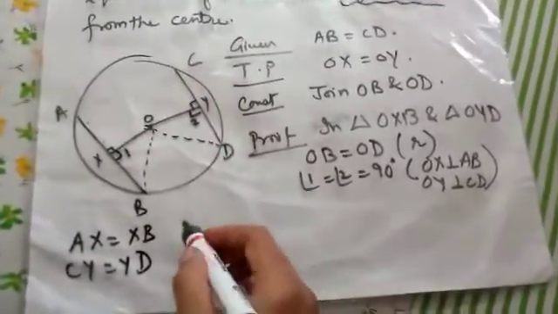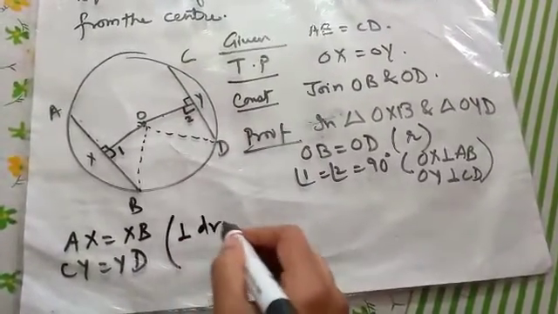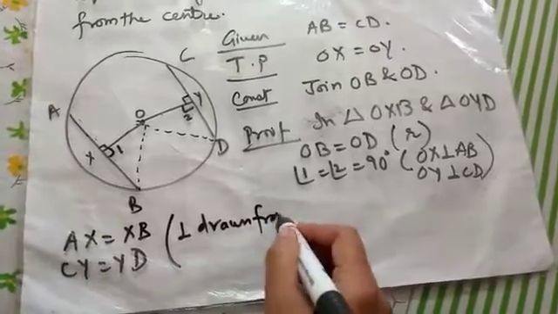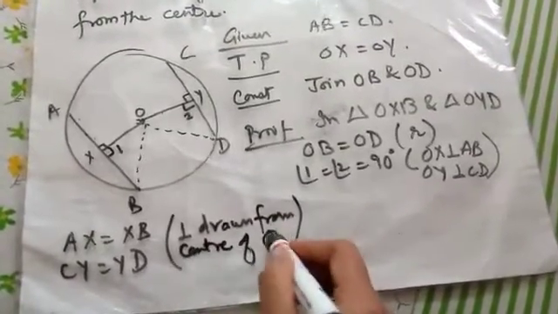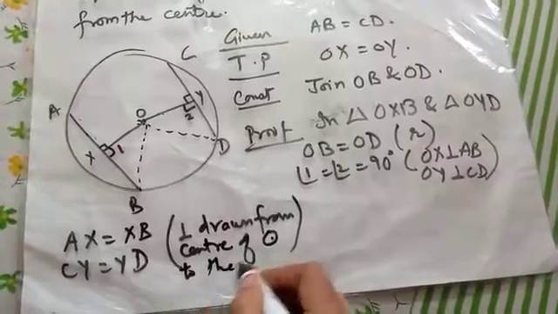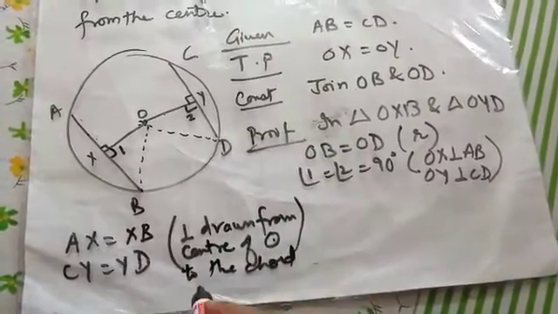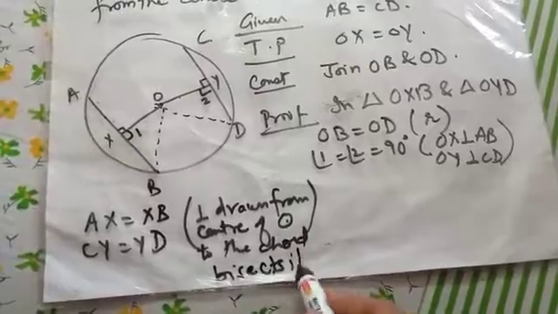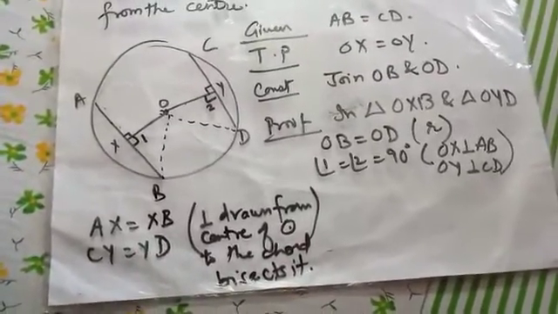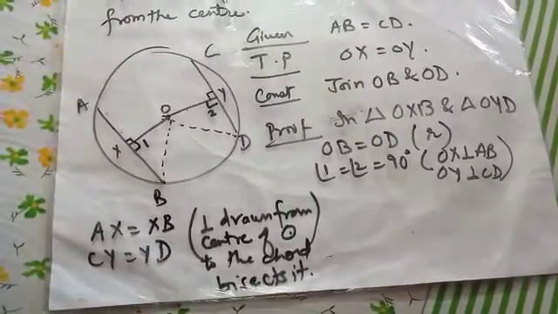What is the reason? Perpendicular drawn from center of circle to the chord bisects it.